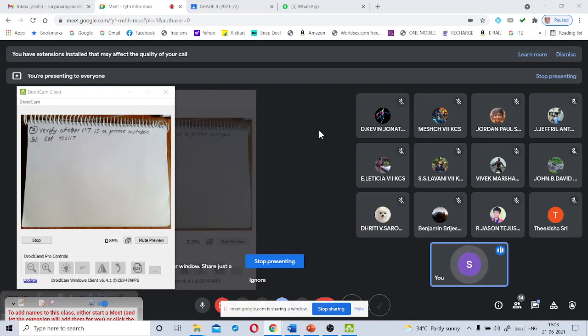Can you find the square root of 117, my dear children? By division method. Do you remember the division method?